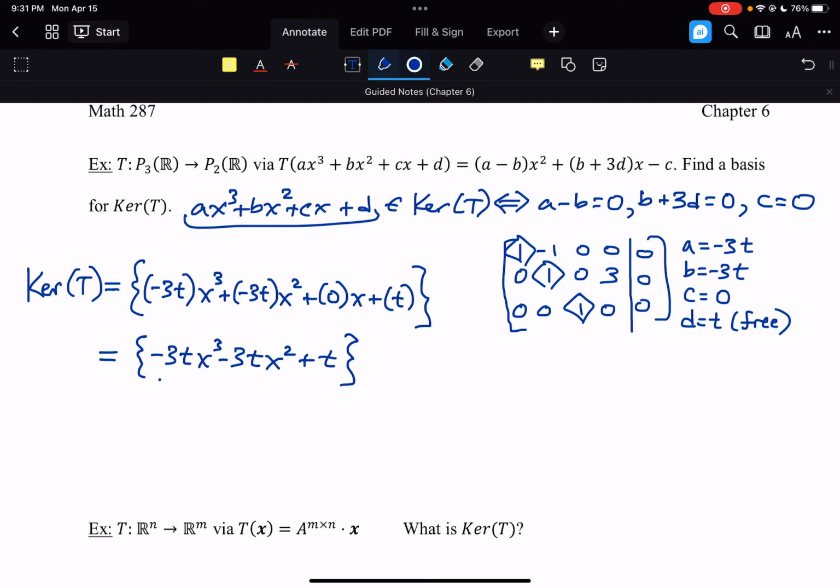So any polynomial that has this form, for any real number t, will be in the kernel because it will transform into 0 on the right-hand side.